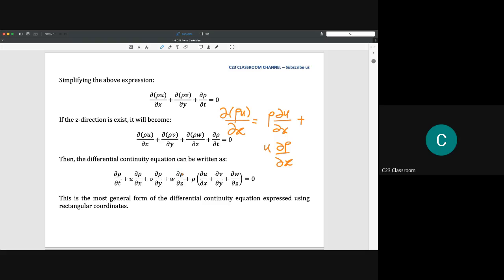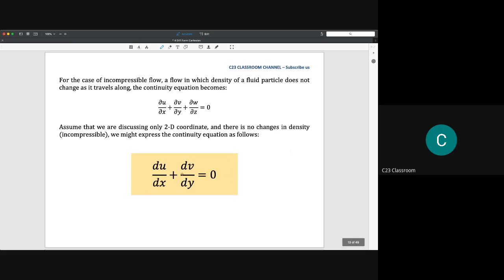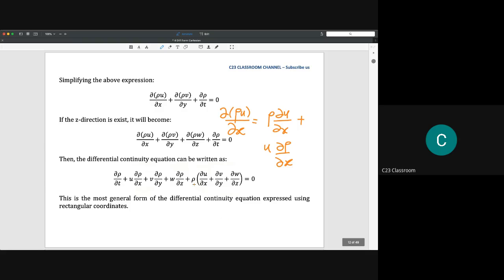So because the density is constant, we could write like this. Why does the rho here disappear? Because we could bring the rho to the right-hand side and it will become 0. Rho cannot be 0, so the 0 must come from these terms. So we could write this one.